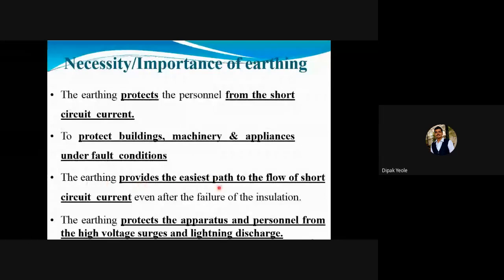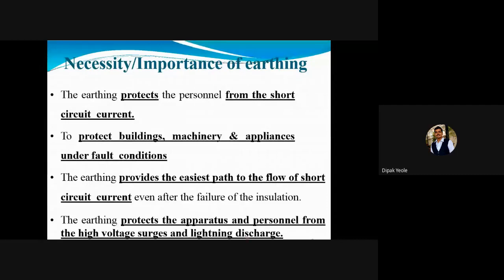So no doubt if there is a failure of insulation, a large current flows through this conductor. So this earthing will provide the flow of this short circuit current to the earth. And the fourth point, earthing protects the apparatus and personnel from high voltage surges and lightning discharge.